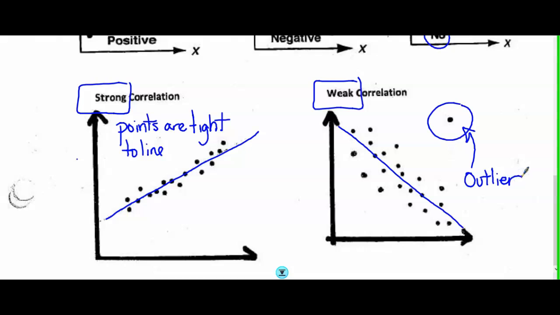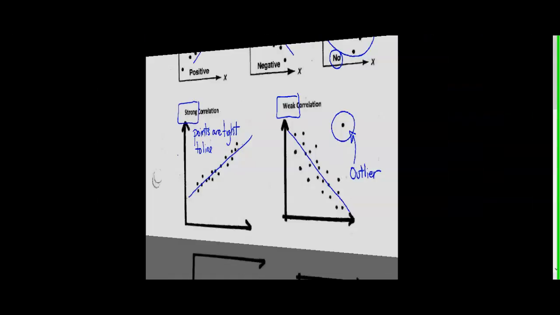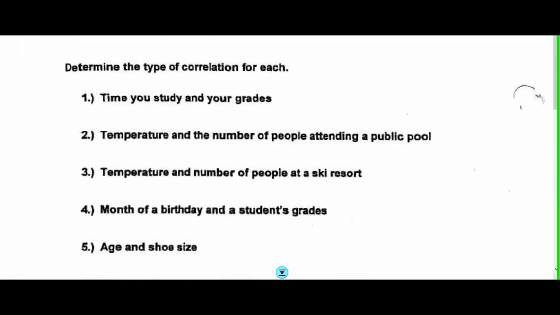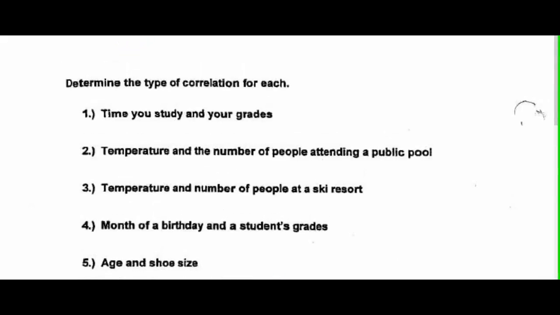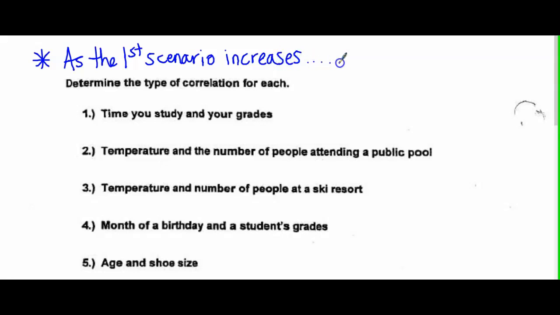Okay? Let's go to the back. We have to figure out if these are positive correlations, negative correlations, or no correlation. Put a little asterisk up here. As the first scenario increases. Now, why do I write this?